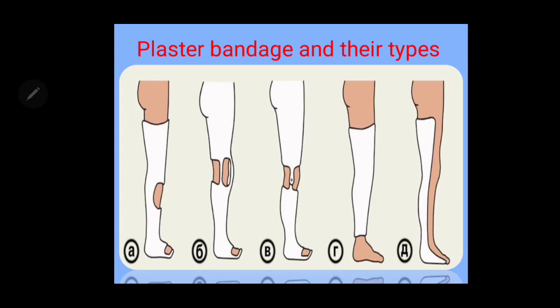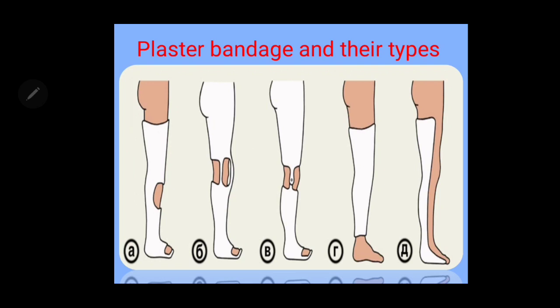So these are several types of plaster bandages that you can apply. You know that we can apply a circular bandage, we can apply a long posterior cast, and you see that even if the fracture is open, we can apply a circular plaster bandage with a window, but of course it's not a good option.